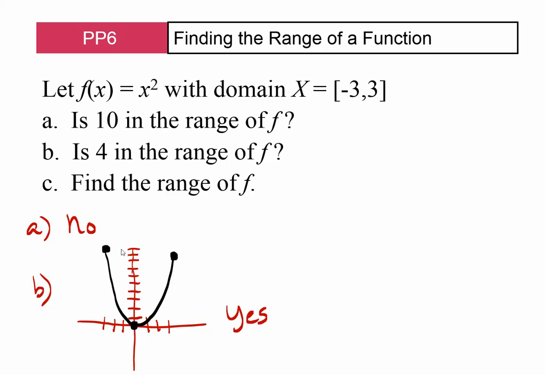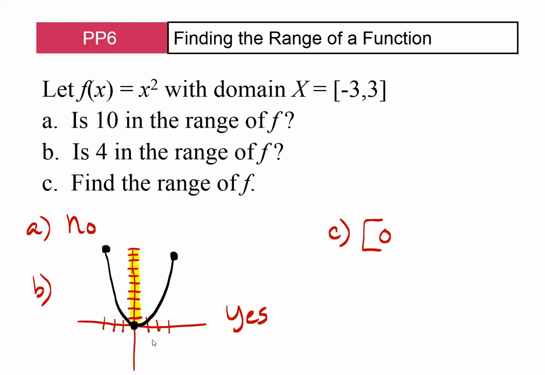If you think about range, you should almost highlight from 0 to 9. In fact, let me do that. Highlight should be here. Again, that's my range for this particular function. How do I say it? I say it like this.